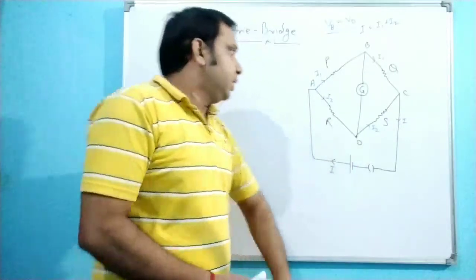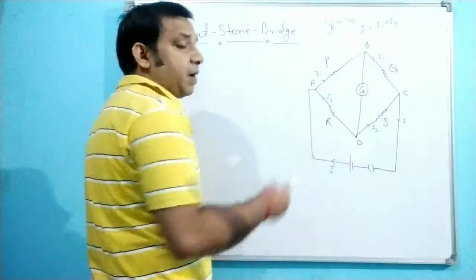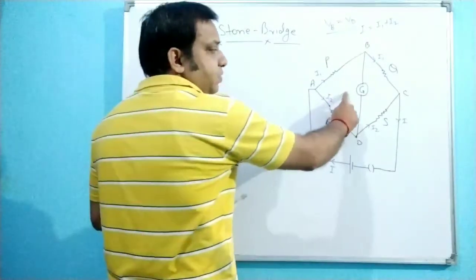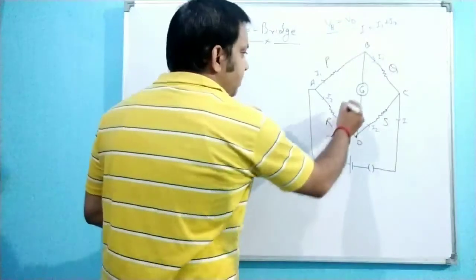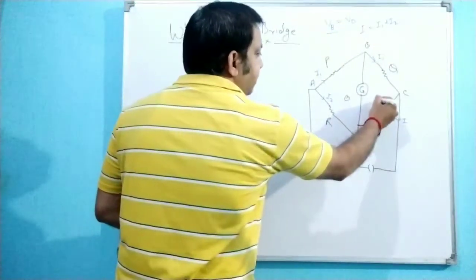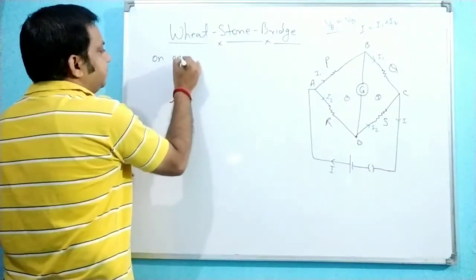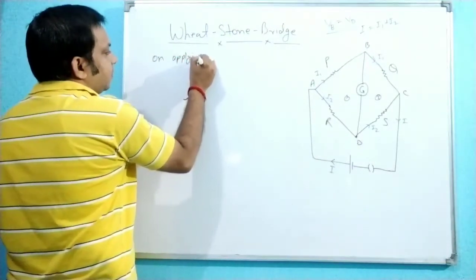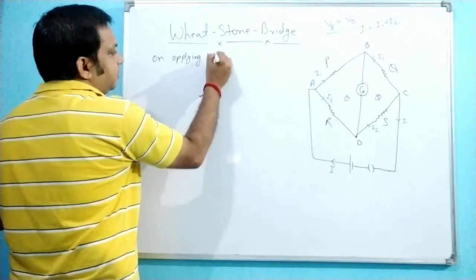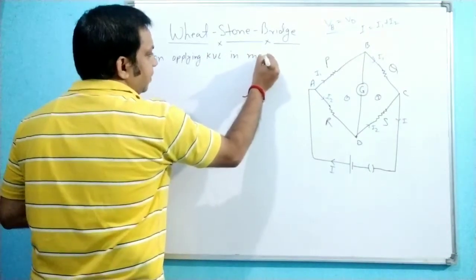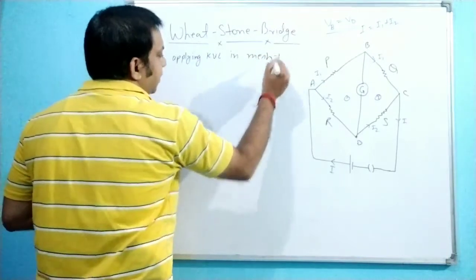Right? Now see, now I am going to apply Kirchhoff's second law, loop law, in this mesh 1 and this mesh 2. I am assuming this is the mesh 1 and this is the mesh 2. So on applying KVL in mesh 1, right?